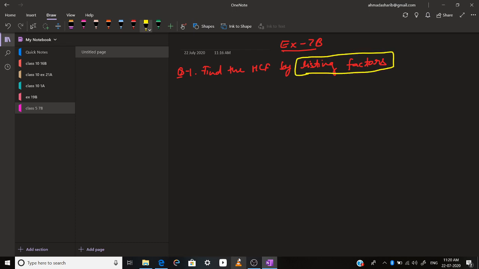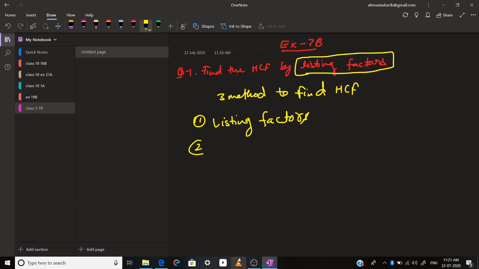There are basically three methods to find HCF. Number one is listing factors.